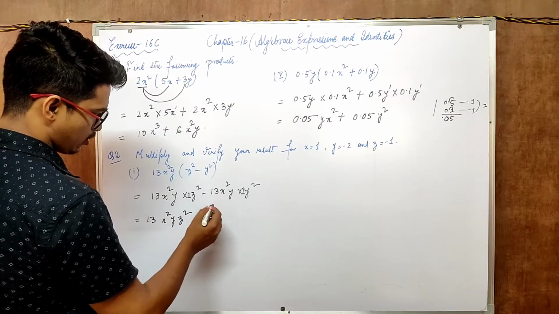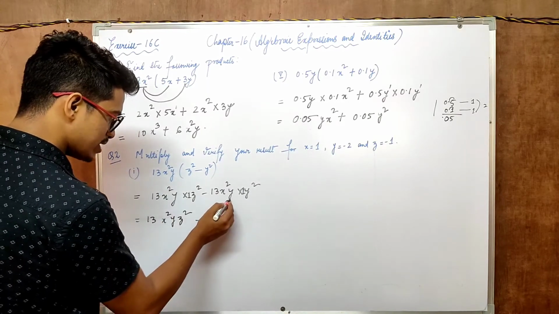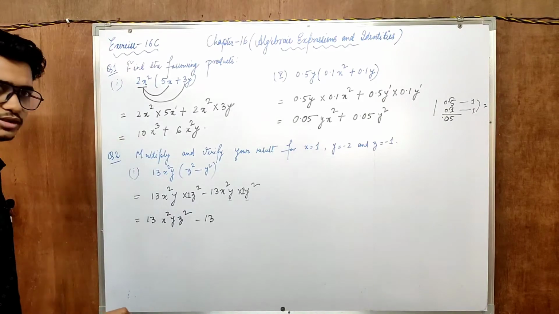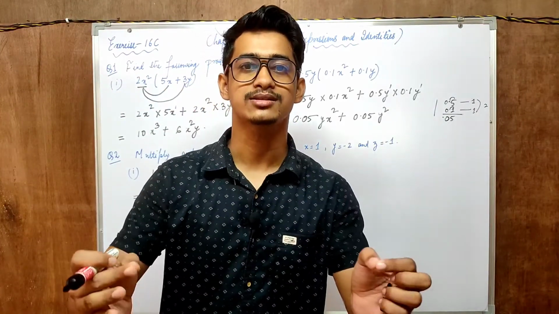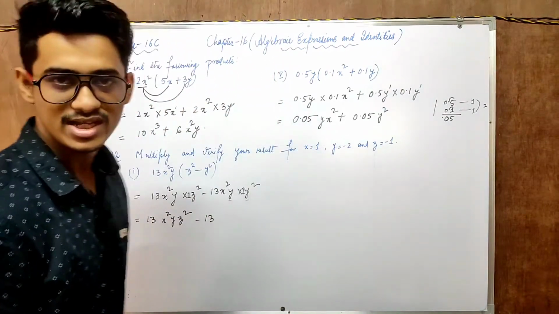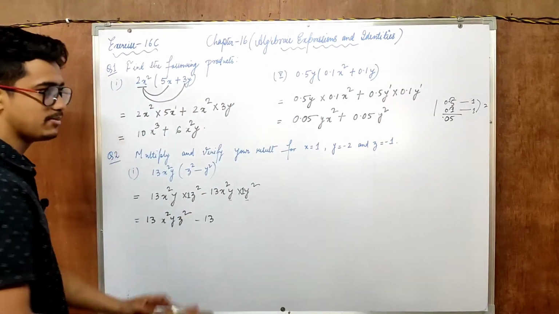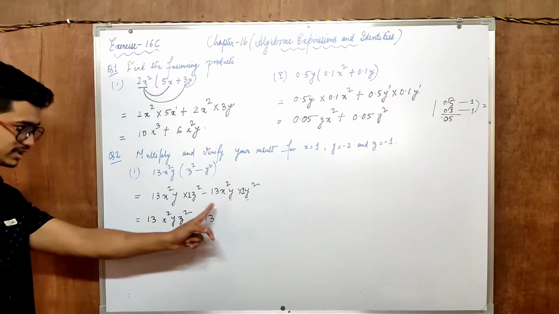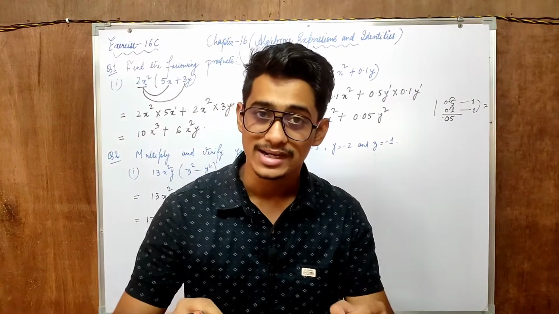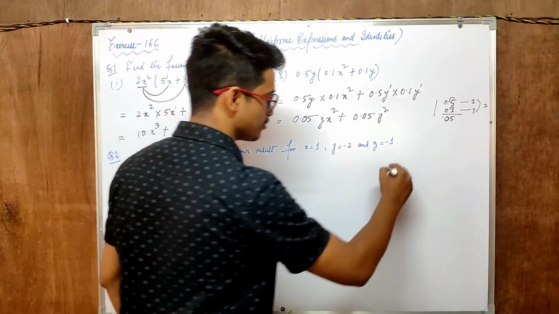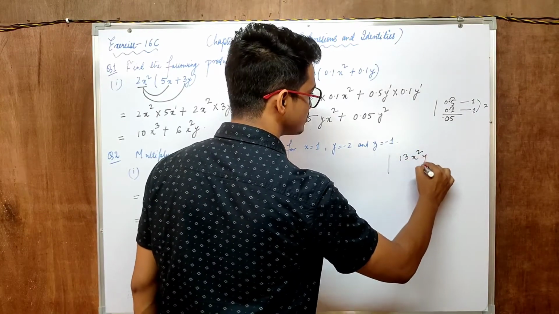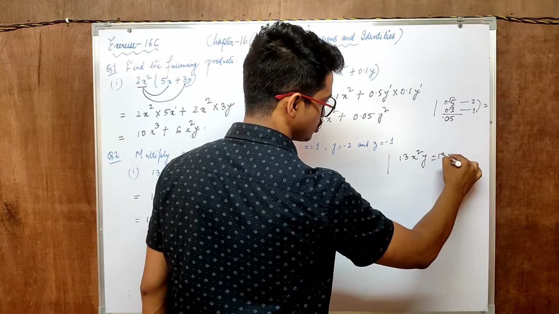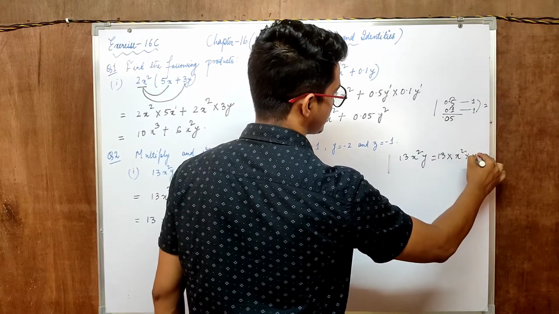And after that, here I look out that y is there and also y is there, so one base is the same, so what we have to do is just add the powers, and x square will remain as it is because all of the things are in multiplication. So 13x square y is nothing but 13 into x square into y.